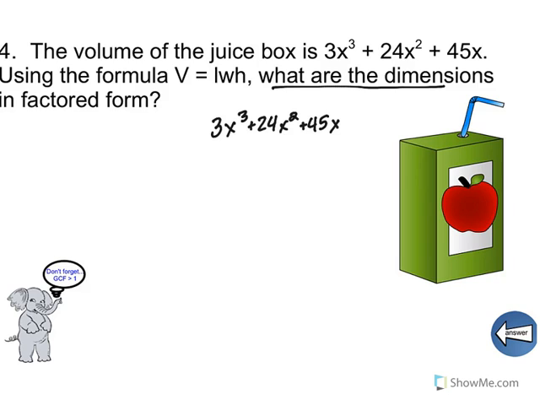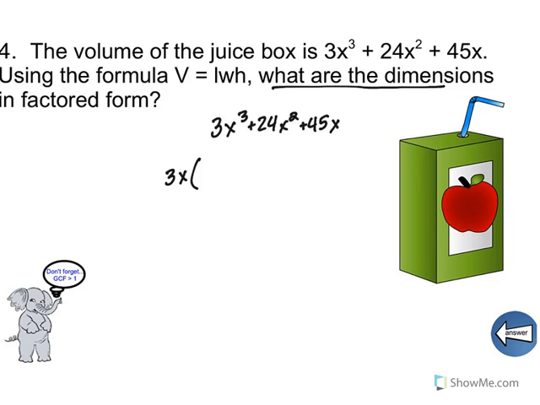Before we factor using guess and check, it's important to remember that if there's a greatest common factor amongst the terms, pull out that greatest common factor. So we know that between 3, 24, and 45, 3 is a common factor amongst all of those. And between x squared and x cubed, x is a common factor.